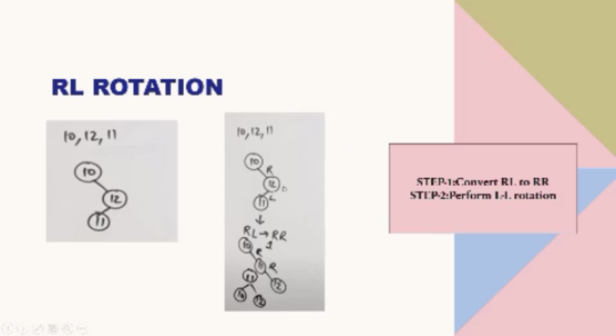So here the RL format is converted to RR, which forms this binary search tree. Now let's see whether this satisfies the principle of AVL tree or not. If you observe the root node, the height of left subtree is 0 and the height of right subtree is 2, which is still not acceptable. So this tree structure is familiar to the first condition that we have seen earlier, so we need to perform the LL rotation here. So this becomes 11, 10 and 12. Hence this is a balanced binary search tree.